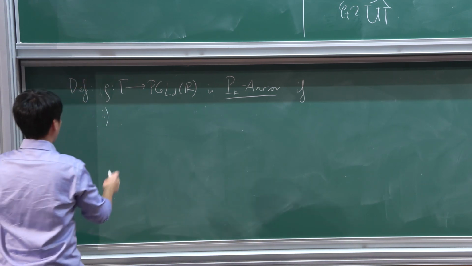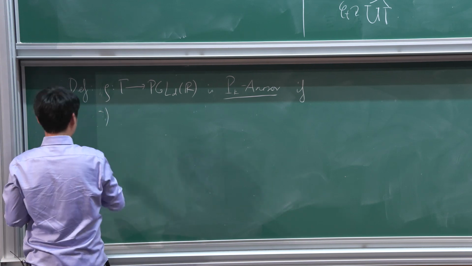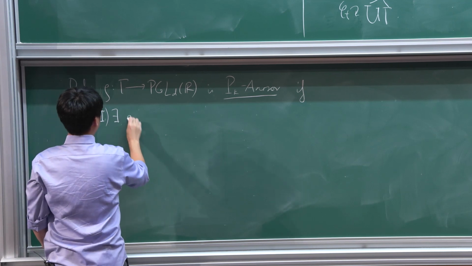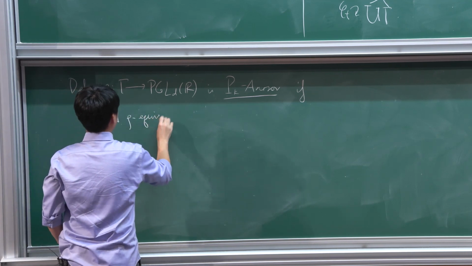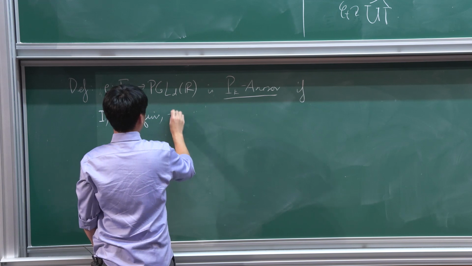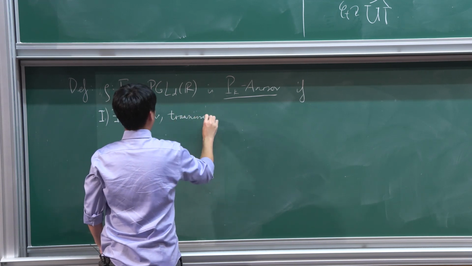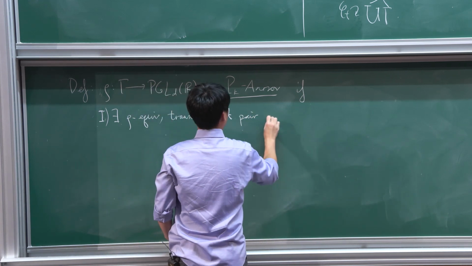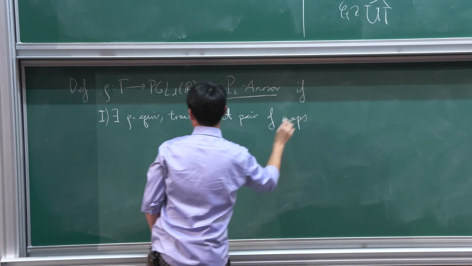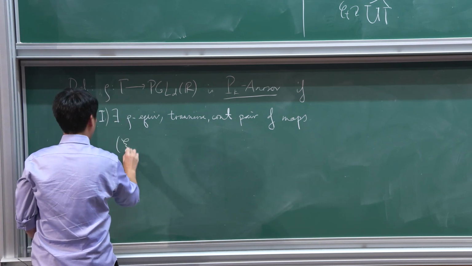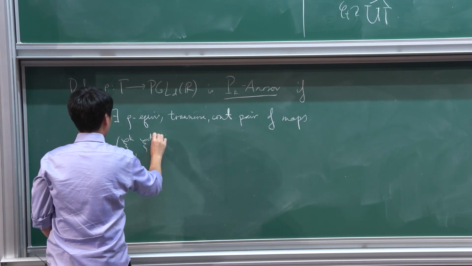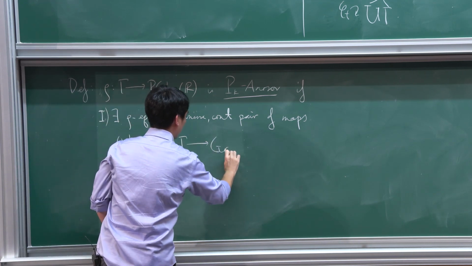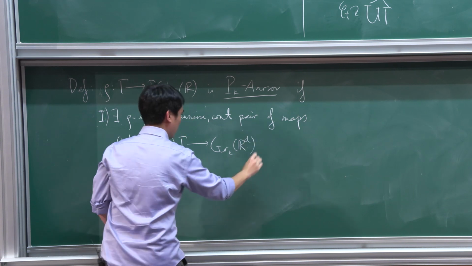So I assume that there exists a rho equivariant, transverse, continuous pair of maps C^K, C^{d-K} from the boundary of gamma to this product.